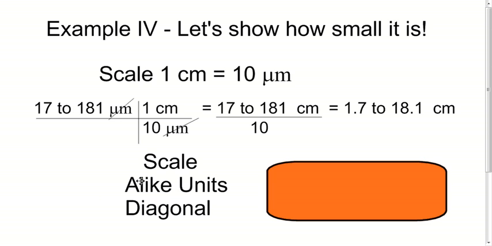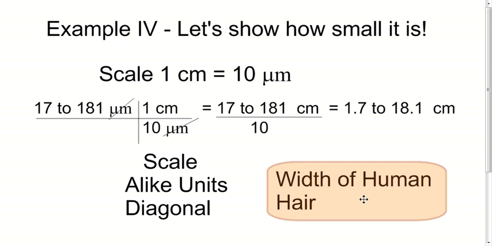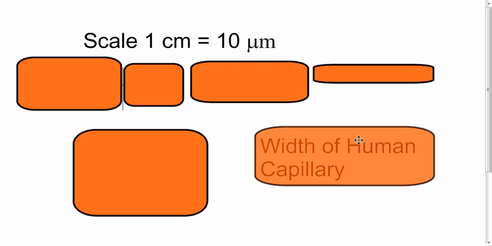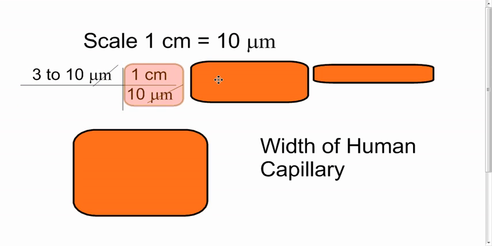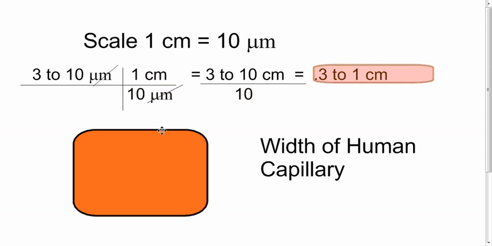And I remember I always put scale when I scale, like units diagonal. All right? This is the width of a human hair. The second one is the width of a human capillary. It's the small blood vessels in the body. They're smaller than your hair. So when I draw them, that's going to be 0.3 to 1 centimeter in length.